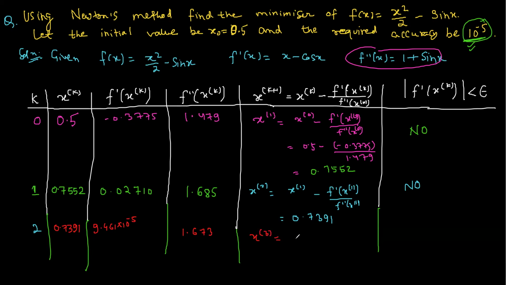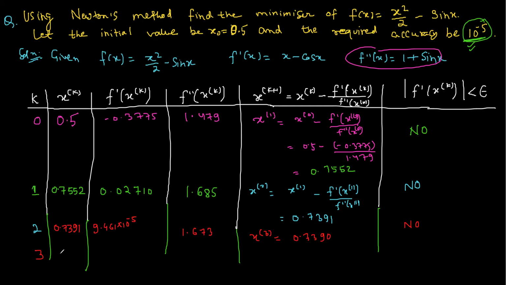X3 will be, after putting all these values in the formula, right? You can check. The first three decimal places are matched, right? But still this is not less than epsilon.